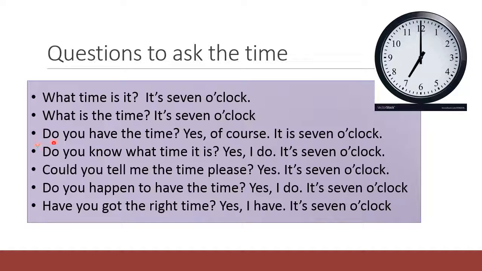So we have questions using the auxiliary do, we have questions using the modal could, and also using have you got. And the answer always refers to the question. But the answer that is related to the time always uses it because we use it to replace the time.